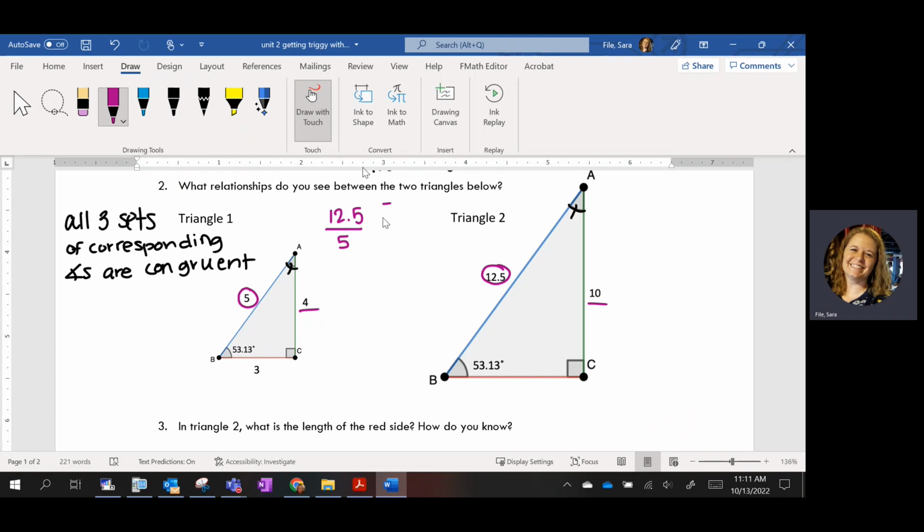It's writing my equal in the completely wrong spot. Very frustrating. Sorry, making our notes take a lot longer. Okay, and then if I did the same thing, if I said 10 divided by 4, I actually get 2.5 there as well.